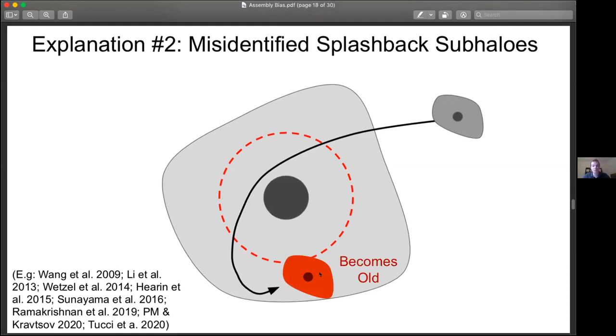But the issue is that this halo is super old. It hasn't accreted anything while it's been within the tidal field of the galaxy cluster. And when it went through pericenter, it went through this huge shock and lost a bunch of matter. So the effect is that if you don't account for the splashback radius, every galaxy cluster in the universe looks like it's surrounded by a swarm of dead galaxy mass dark matter halos. This is another explanation that people have proposed.